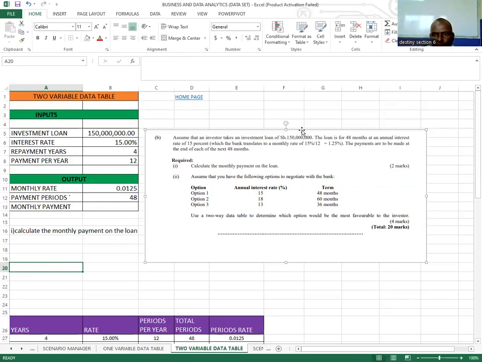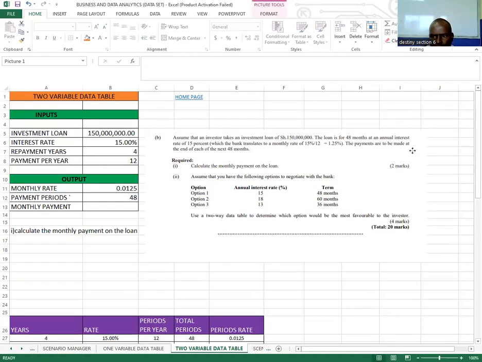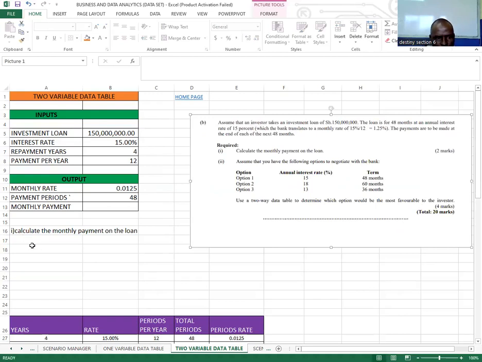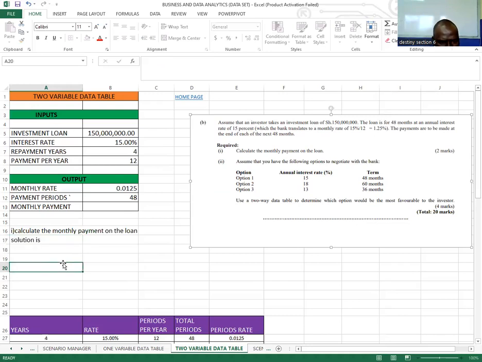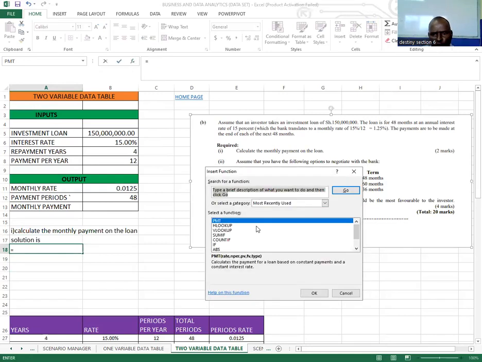Calculate the monthly payment on the loan. So the solution to that question is, what we do is equal sign, and then we look for the PMT function.